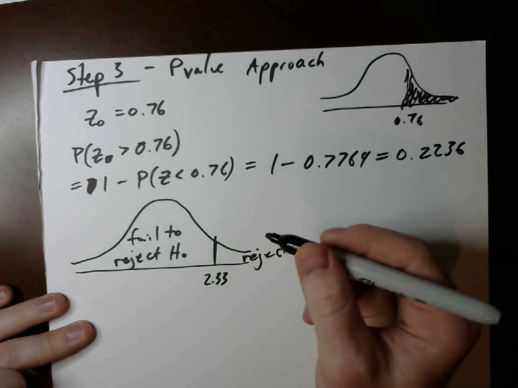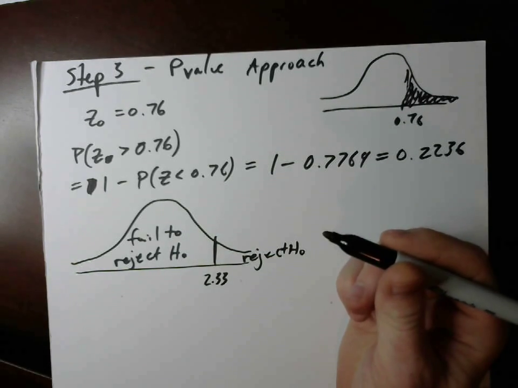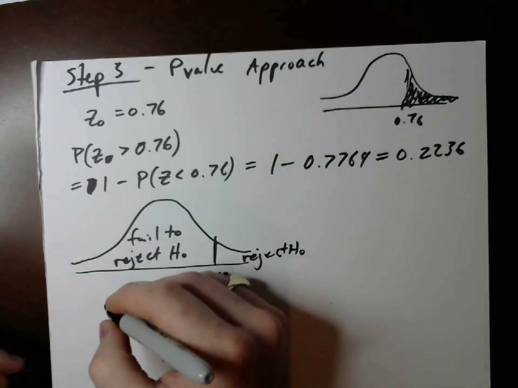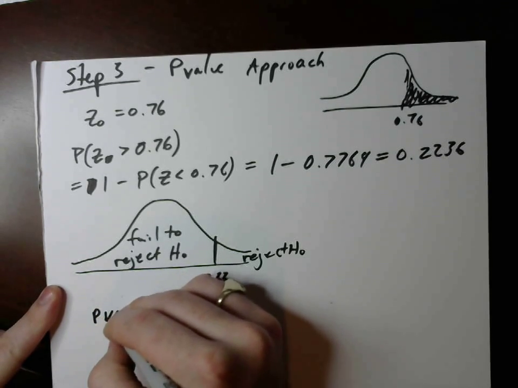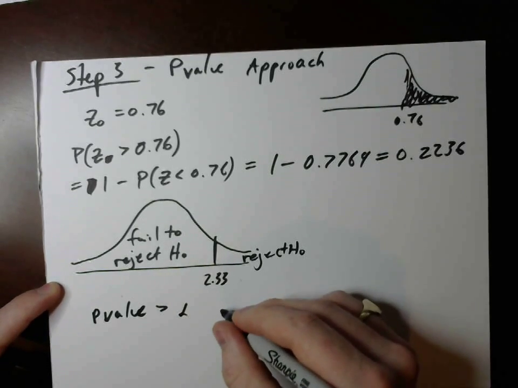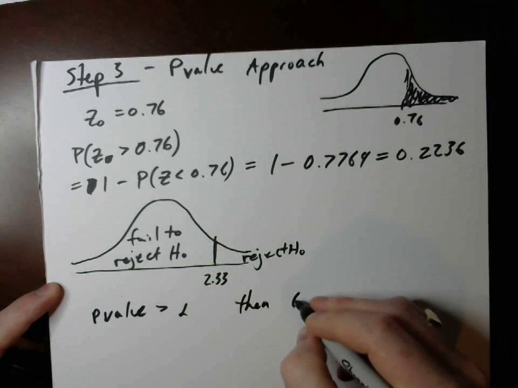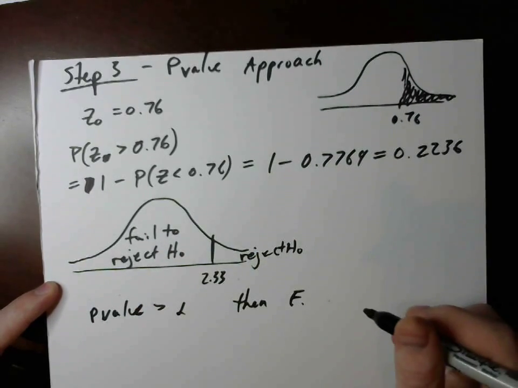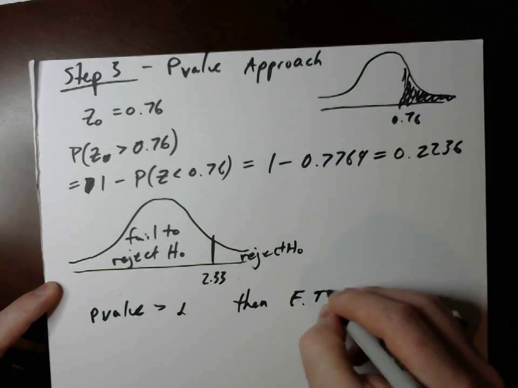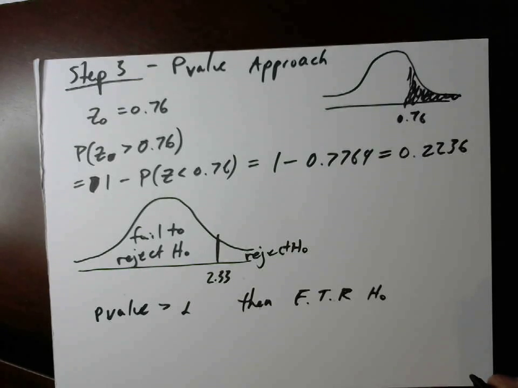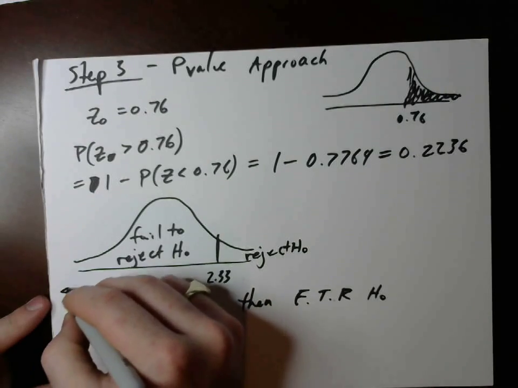If the p-value is larger than alpha, we fail to reject, because our value would be in the fail to reject region compared to 2.33. So that would be the p-value approach, and that would be step 4 when we compare.